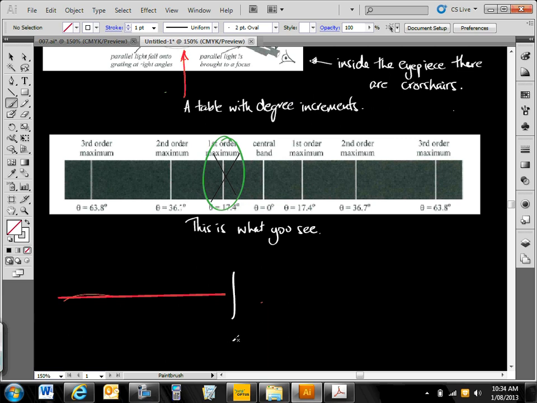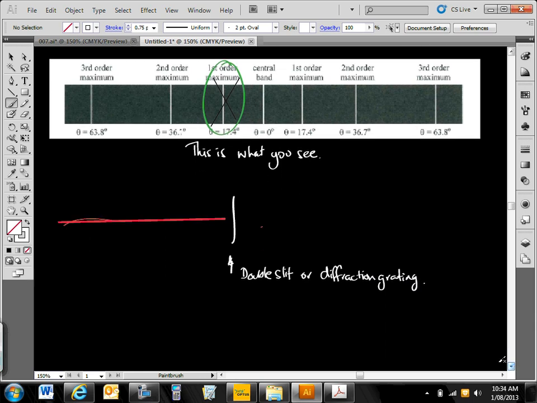You can put a double slit, which we have described before, or a diffraction grating. And wherever your screen may be, your screen is going to be the whiteboard over here somewhere.